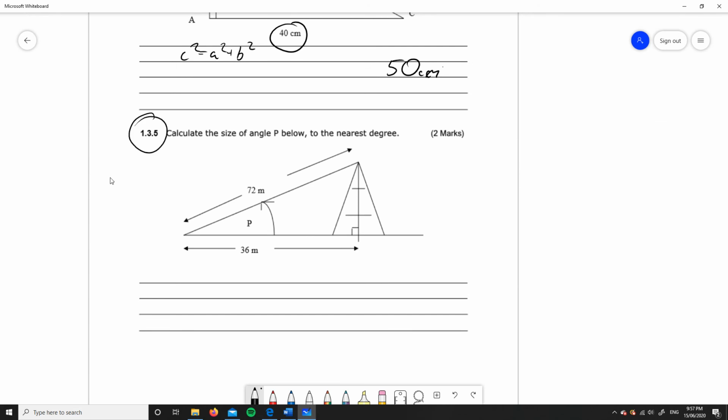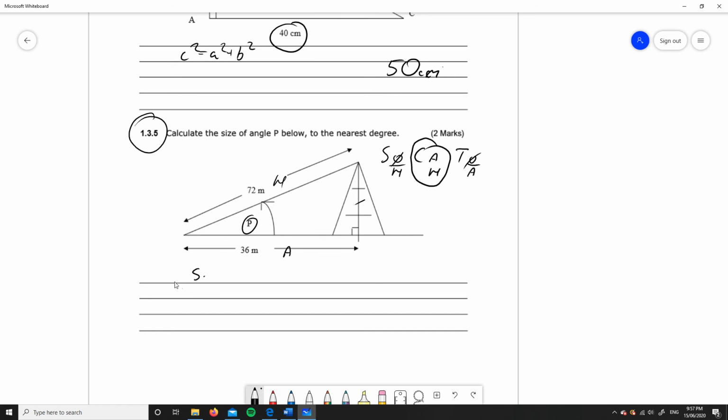Rightio, moving on to question number 5. This time we have a hypotenuse and an adjacent, and we're trying to calculate P. Using SOHCAHTOA, we don't have anything to do with the opposite, so those two are out, so we are going to be using cosine.